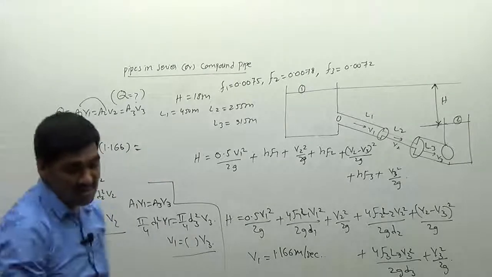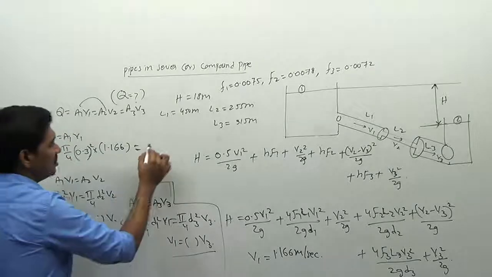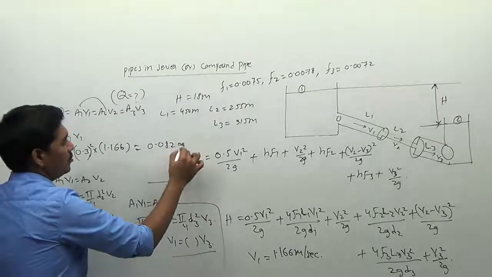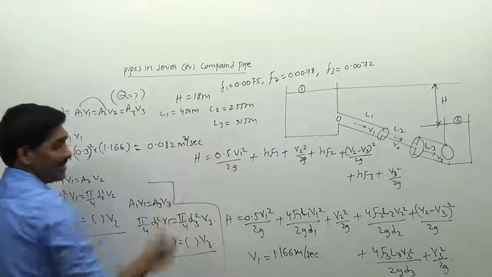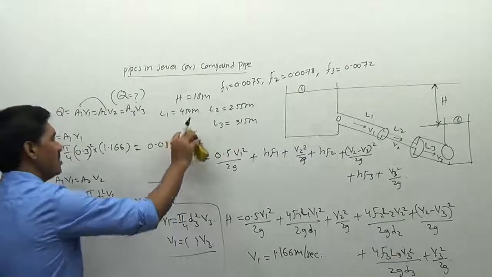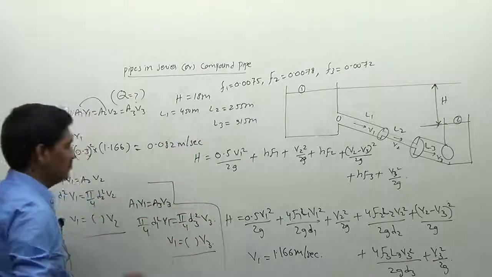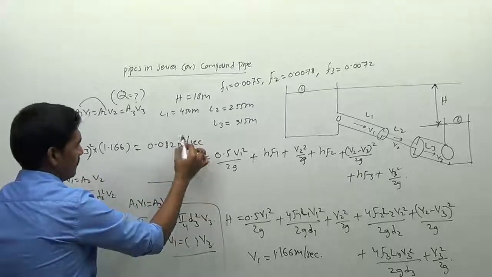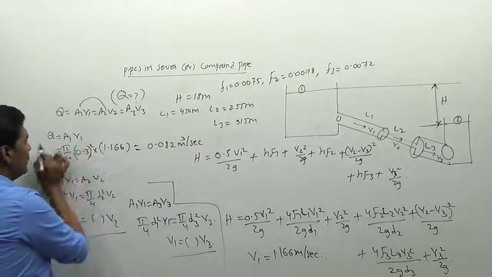So the final value of Q is equal to 0.082 meter cube per second, which is the discharge flowing in the given pipeline. Okay, so this is your final answer.